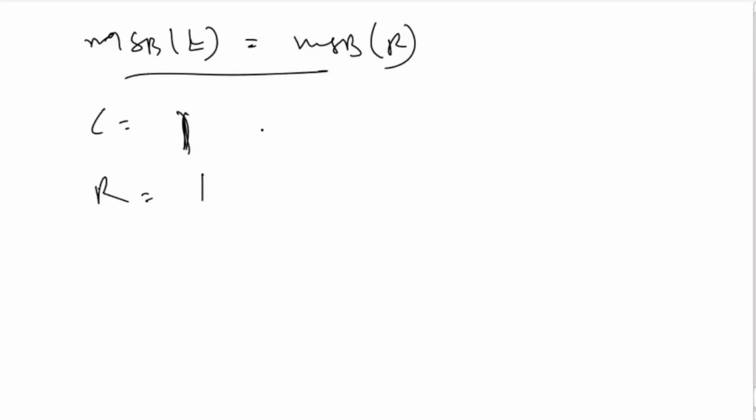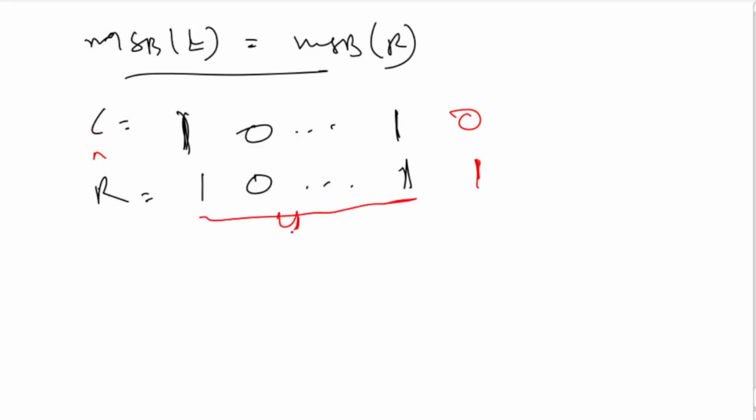That is, the bits in L and R are equal up to a certain point, and after that we'll get a bit in R to be 1 and in L to be 0, such that R is greater than L, because if R is greater than L, then there will be some bit which is 1 in R and 0 in L.